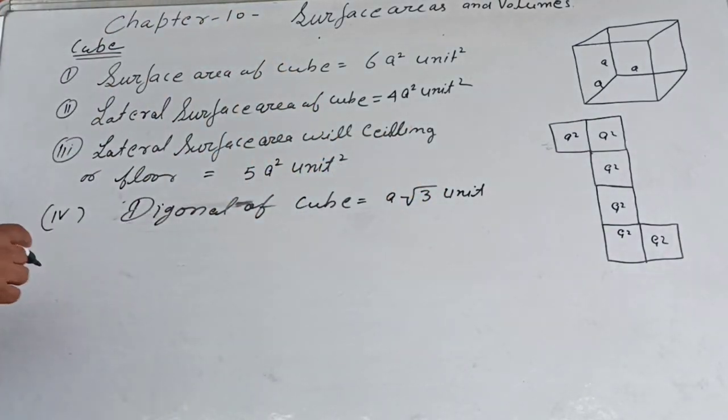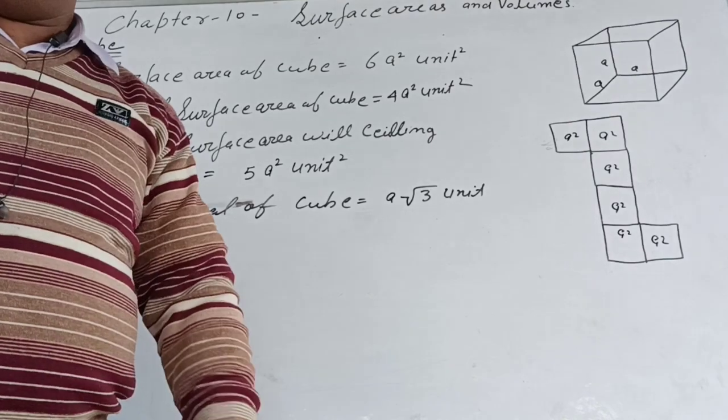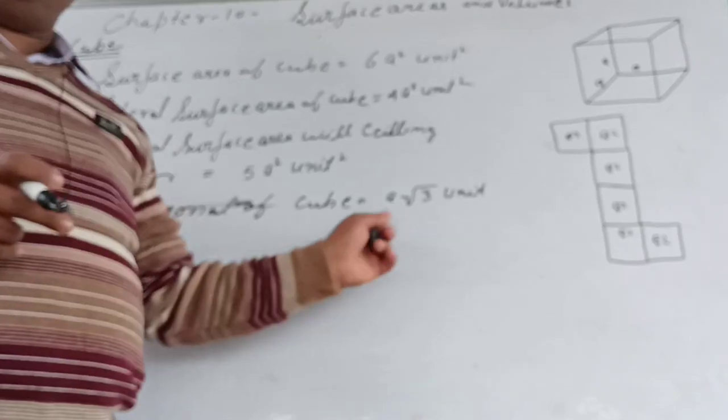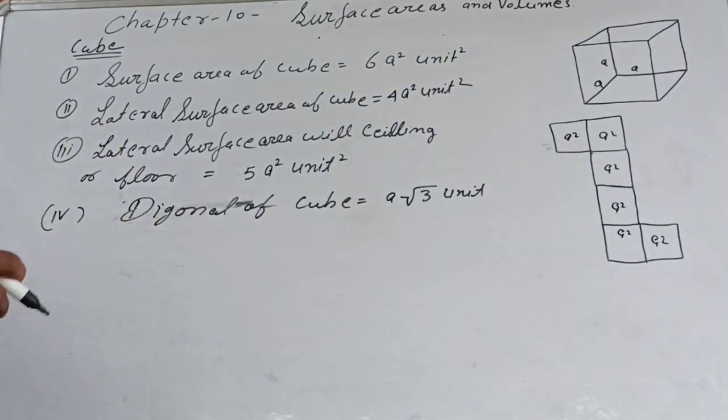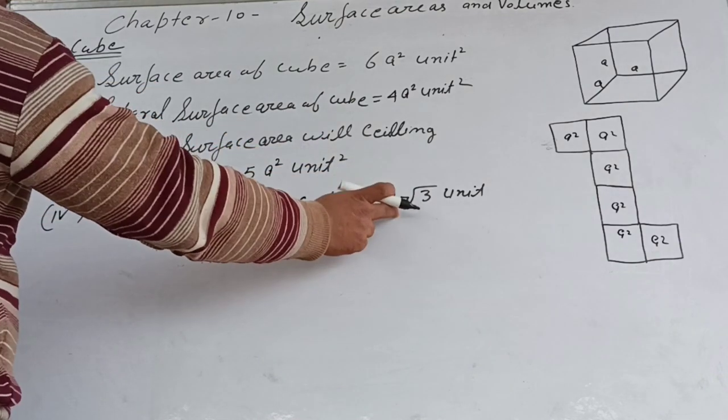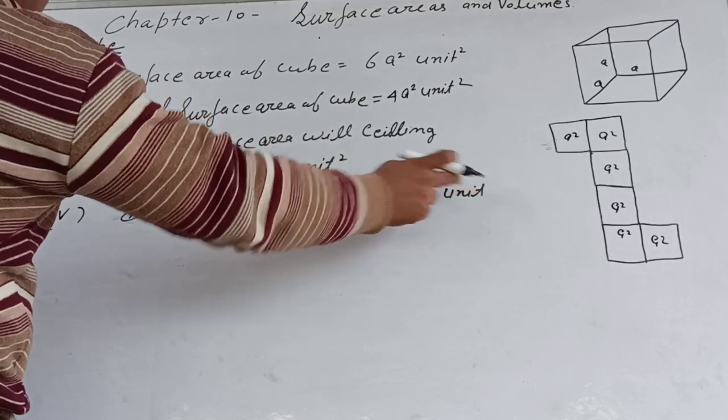A root 3 unit means root of A square plus A square plus A square, like L square, B square, H square. So 3A square: A square comes out and root 3 stays in the root. A root 3 unit. This is a length, therefore its unit is unit.